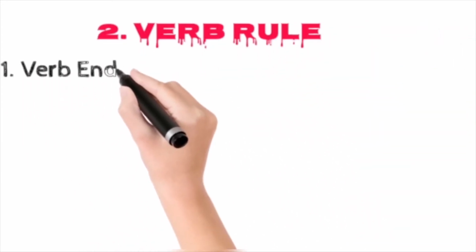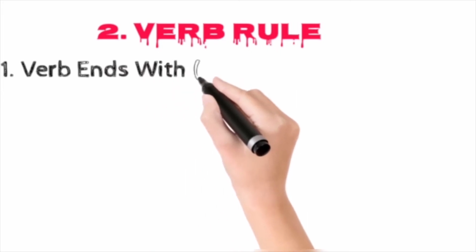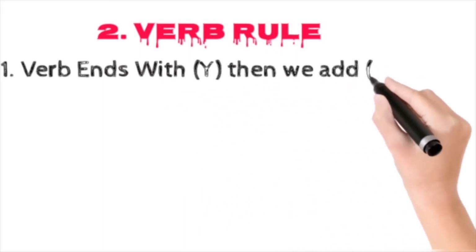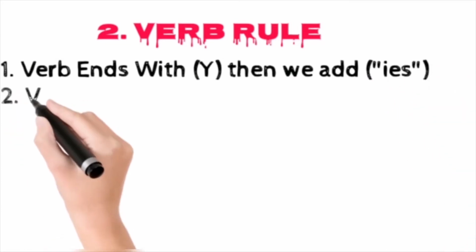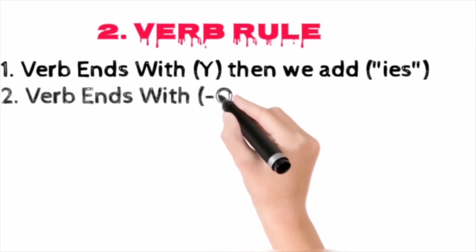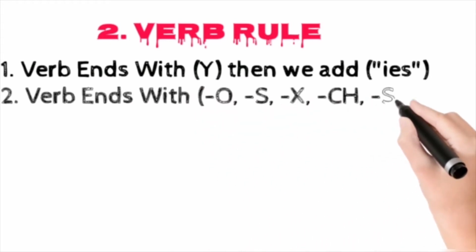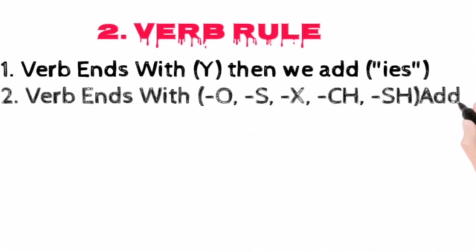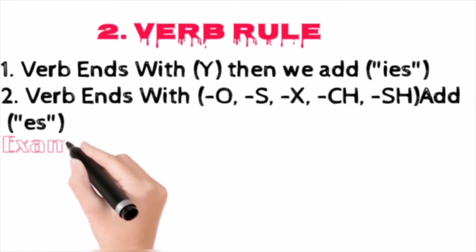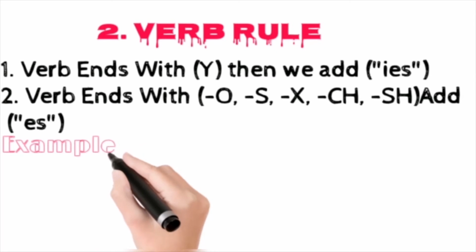Now we know what is third person singular. So let's learn the rules of verbs. We have two rules for verb in present indefinite. Number 1, verb ends with y, then we add ies. Number 2, verb ends with o, s, x, ch, sh, we add es.